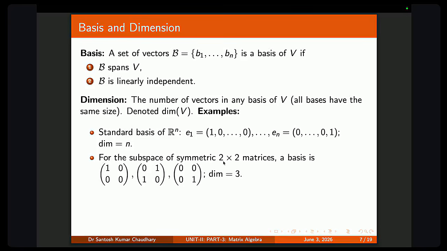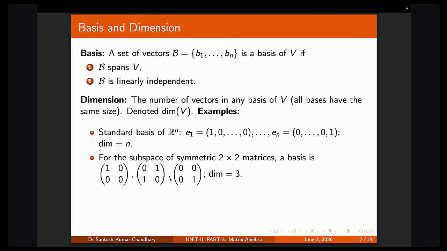The second example is a vector space: you consider 2 cross 2 symmetric matrices. So this is a vector space. Then you consider vectors as v1 = [1 0; 0 0], v2 = [0 1; 1 0], v3 = [0 0; 0 1]. So now it is a set of symmetric matrices. These three are linearly independent vectors. How will you prove it? You take C1 V1 plus C2 V2 plus C3 V3, put it equal to 0, then solve that equation.